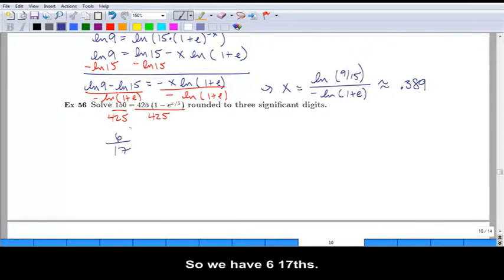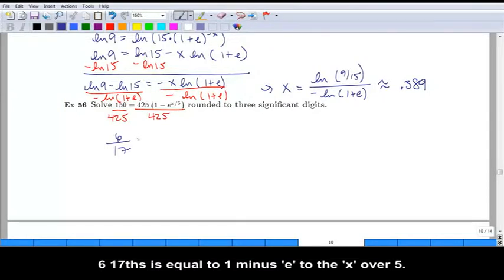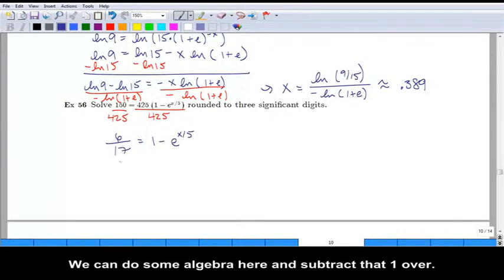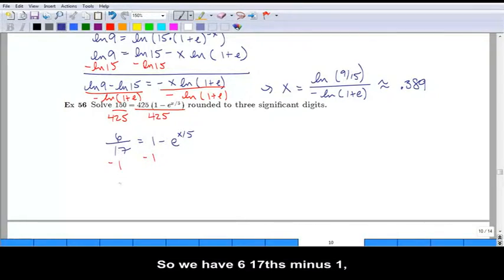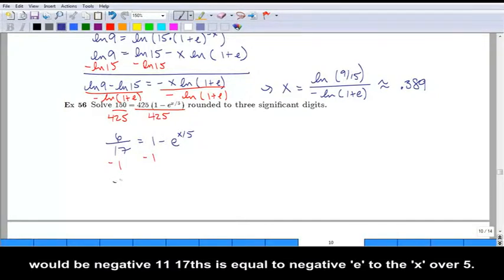So we have 6/17 is equal to 1 minus e to the x over 5. We can do some algebra here and subtract that 1 over. So we have 6/17 minus 1 would be negative 11/17 is equal to negative e to the x over 5.